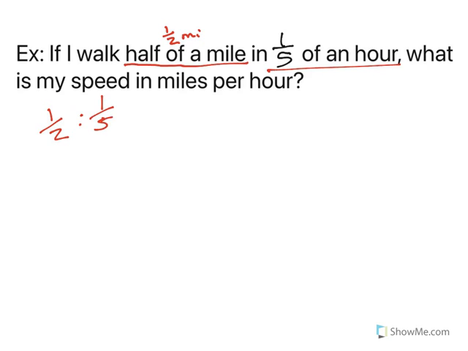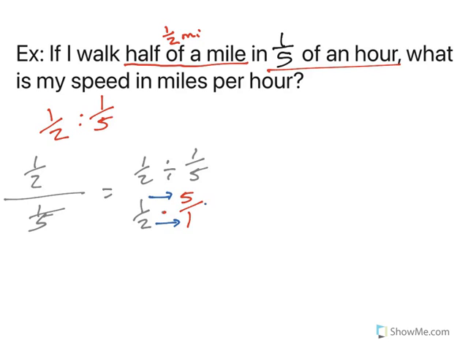Well, it's just like what we just did. 1/2 divided by 1/5. So if I think of that as a division problem and then change that, division to multiplication, multiply by the reciprocal, so we flip that second fraction. Nothing reduces numerator to denominator across those, so we multiply straight across. 1 times 5 is 5, 2 times 1 is 2, so 5 halves.